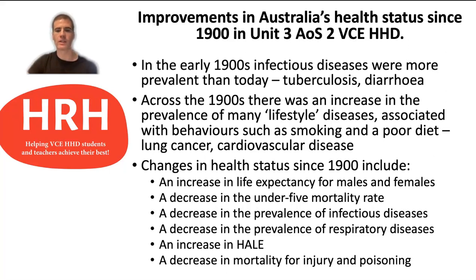Tuberculosis is an example of a respiratory disease. There's also an increase in HALE, that's health adjusted life expectancy, the number of years individuals in Australia are living in good health, and then a decrease in mortality for injury and poisoning. So there are a few that you can remember just off the top of your head.